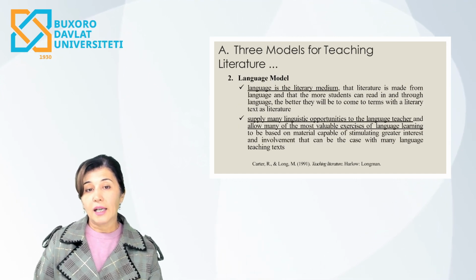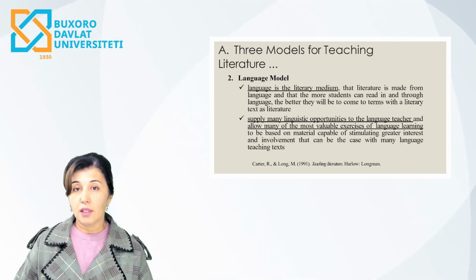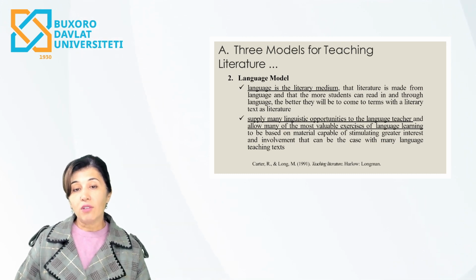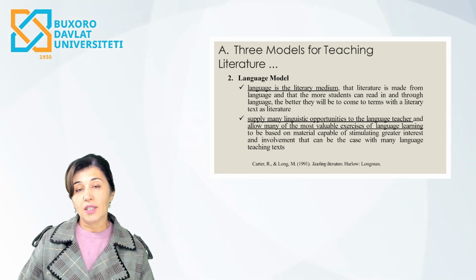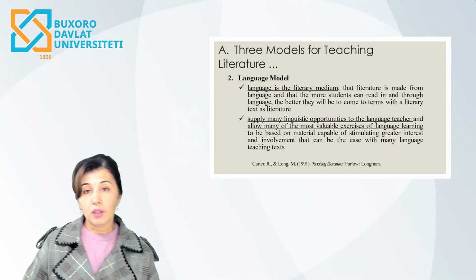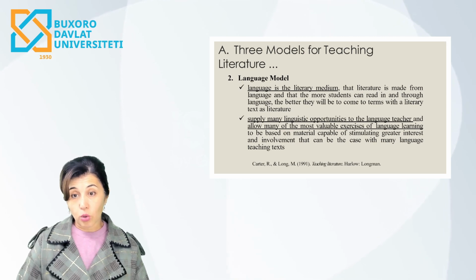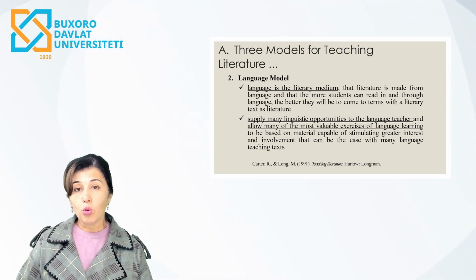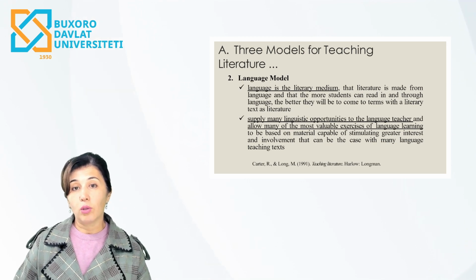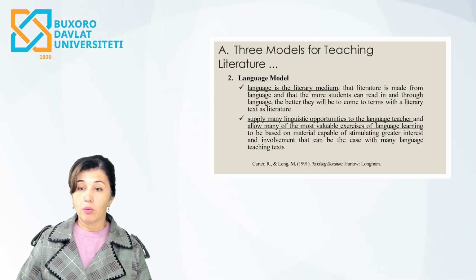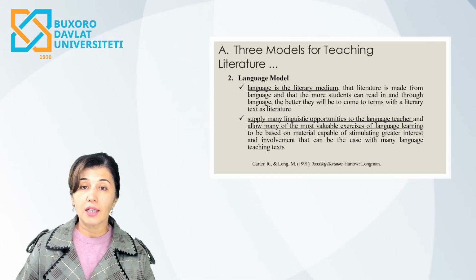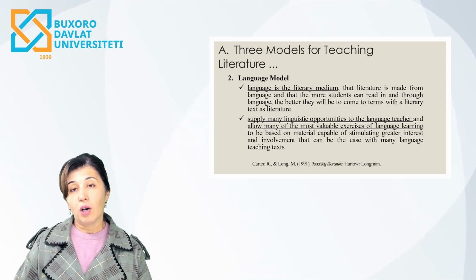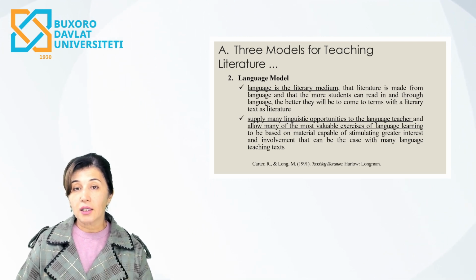So, the second model, as we mentioned, is the language model. It is different from the cultural model in several ways, because the language model is a literary medium which stands between the cultural model and the personal growth model. Literature is made from language, and the more students can read in and through language, the better they will come to terms with the literary text and literature. Apart from the content, they learn several terms connected with literature.